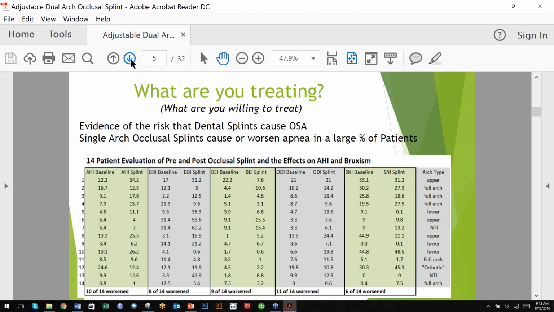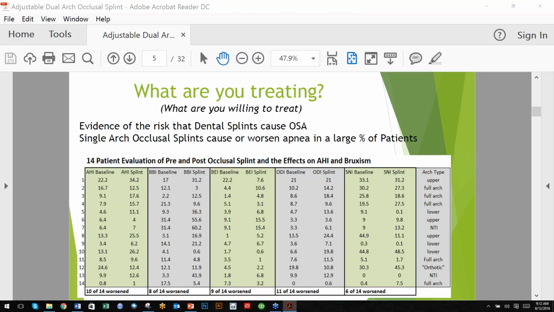And when I say bruxism, that's a very broad term. So let me step back for a second. When I talk about bruxism, there's a bucket. Bruxism is a bucket. And in that bucket, there's clenching and grinding. There's parafunctional EMG activity.